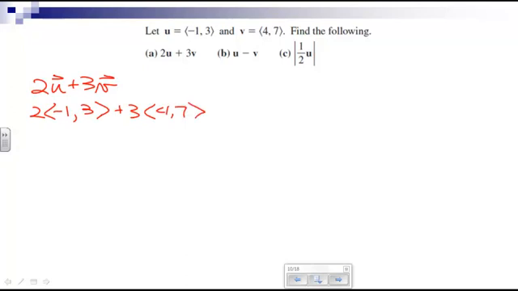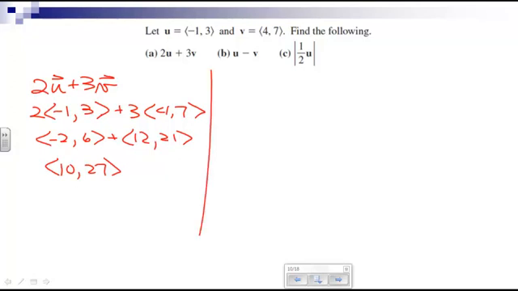This is scalar multiplication. So how about the vector negative 2, 6 plus scalar multiplication, the vector 12, comma 21. Now we're going to add the components together and I get the vector 10, 27. Scalar multiplication and vector addition.